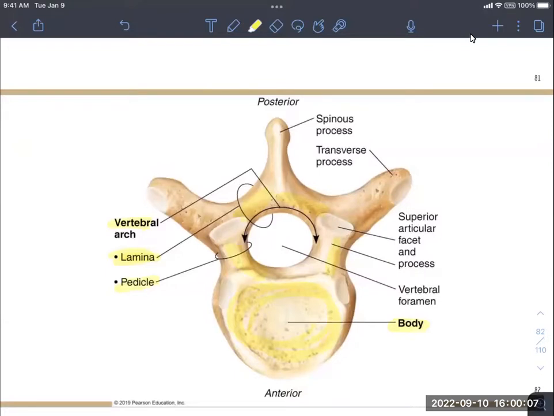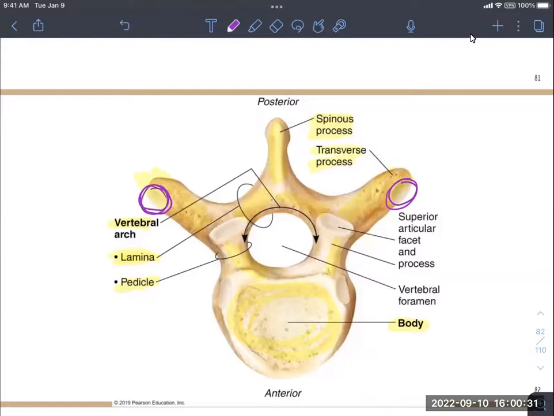All of our vertebrae have a spinous process that goes down the back, and then they have a transverse process that goes out to the side.